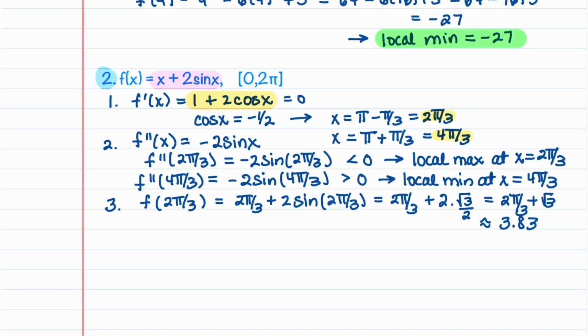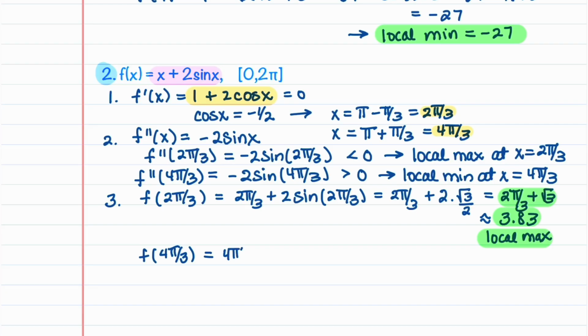We can highlight this then as our local max. Let's go ahead and highlight all of this in green. There's our exact value, our approximate value, and it's a local max. Now let's do the same thing for f at 4 pi over 3. Looking back up to the top in pink, we have 4 pi over 3 plus 2 sine 4 pi over 3.